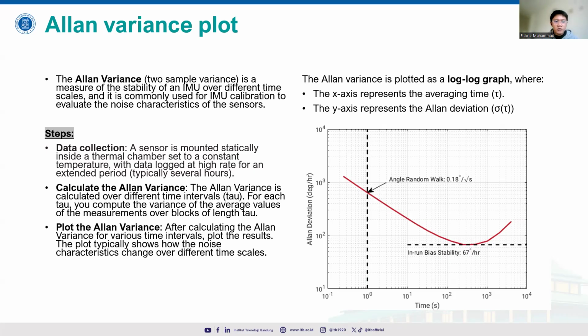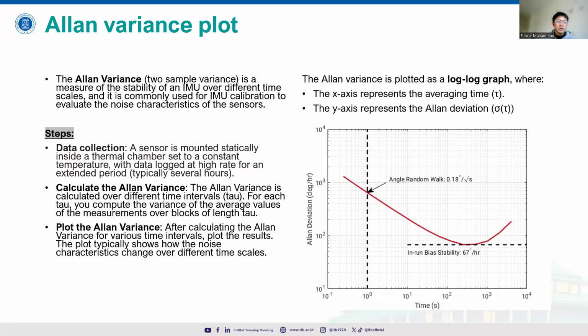Yeah, the steps: basically we're collecting the data. Besides the bore sighting, we have to mount the IMU rigidly inside our AUV, right? But to avoid any thermal disturbances or temperature changes over time, the temperature has to be set to constant.